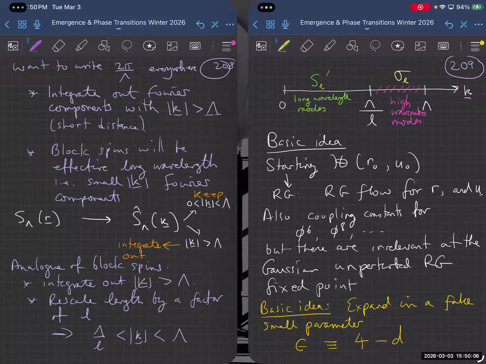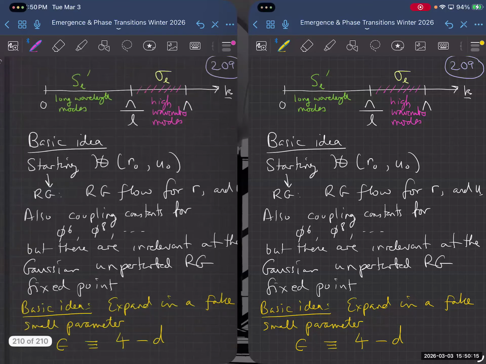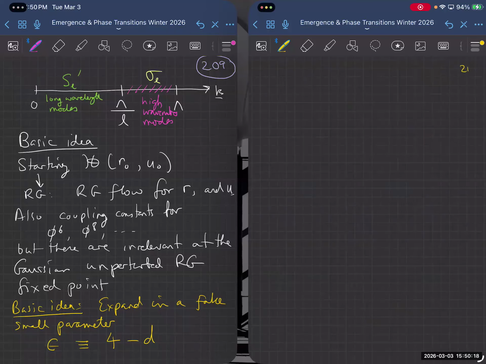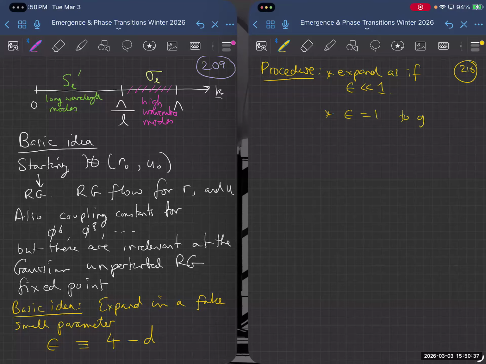And we're going to pretend that that parameter is small, and then at the end of the day, set epsilon equal to 1 if we want to do 3 dimensions. So the procedure is expand as if epsilon was much less than 1. And then once you've done that, we set epsilon equals 1 to get d equals 3 results.